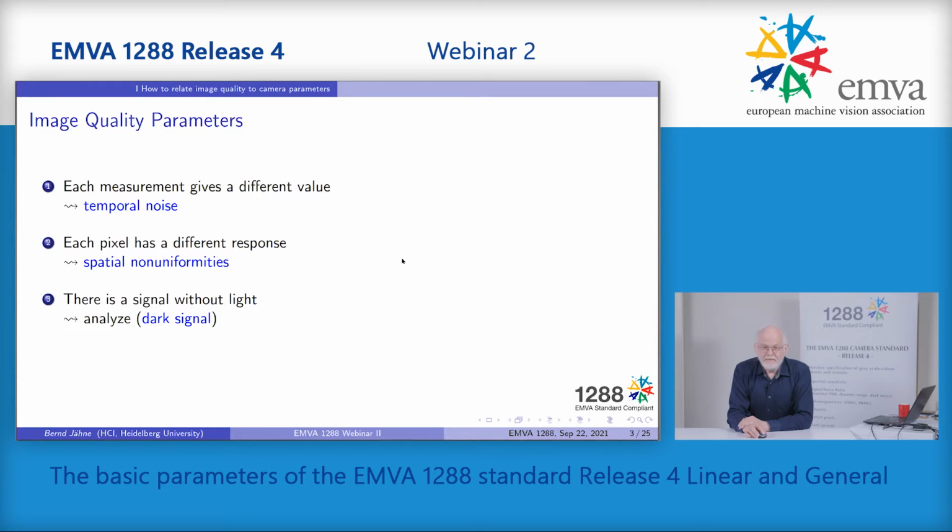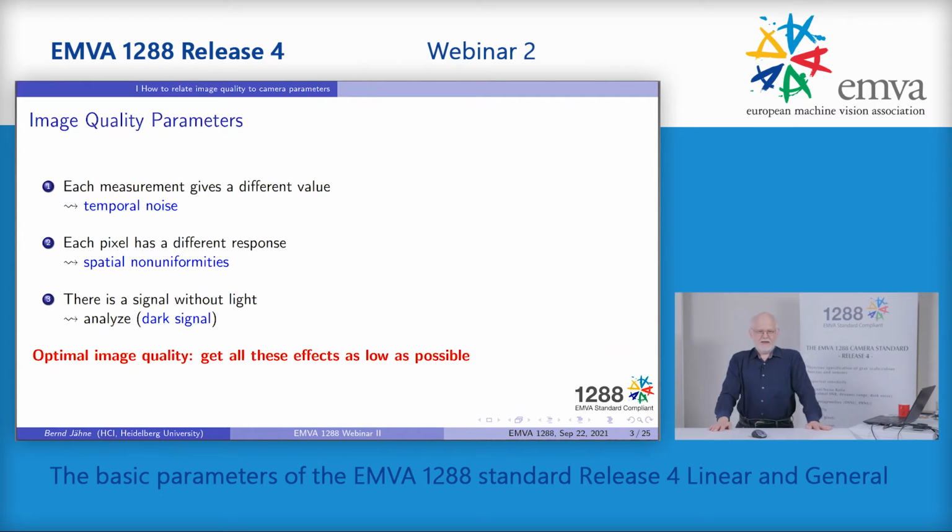That was a summary of the last webinar, and now in the next step, if we want to have an optimum image quality, we want to get all these effects as low as possible. There might be different choices because your application might be more or less sensitive to one of these parameters.